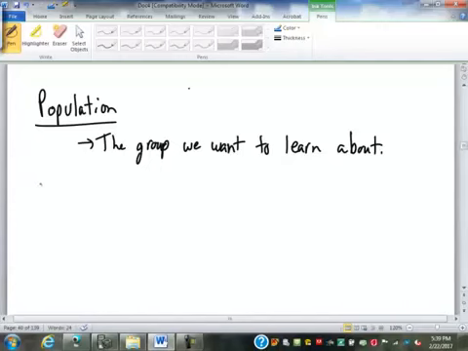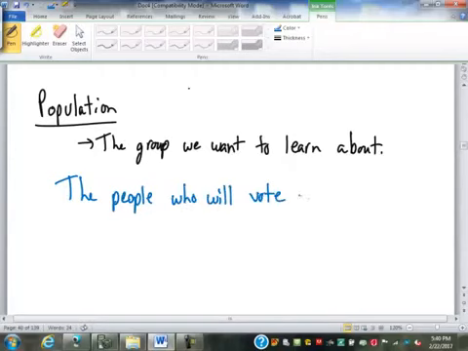So it would be easy to define the population as all the voters within that district, but that's not what our population is, because not all the voters are going to vote. What our population would be there is all of the people who will vote in that next election.